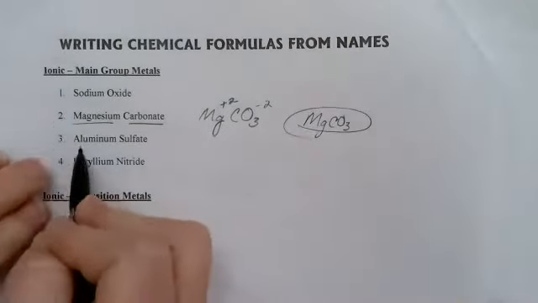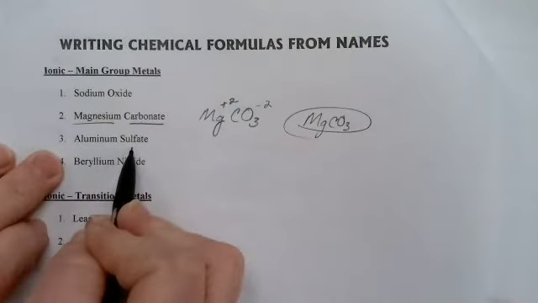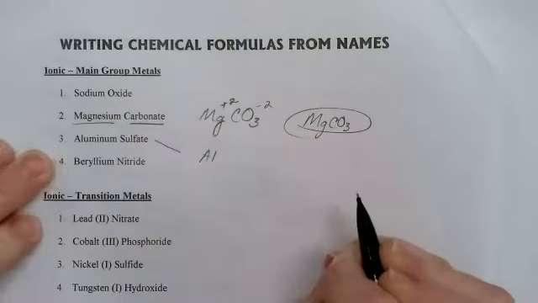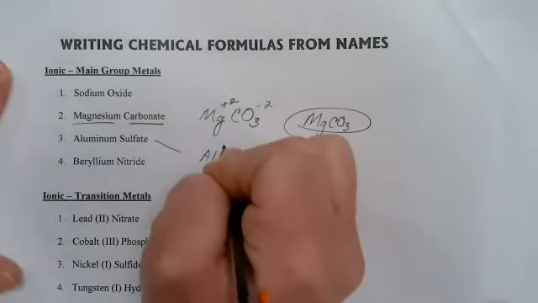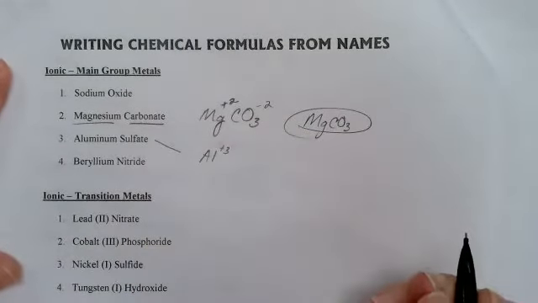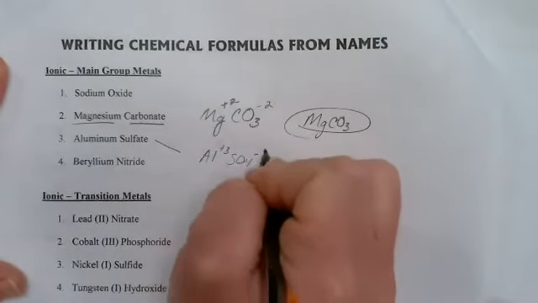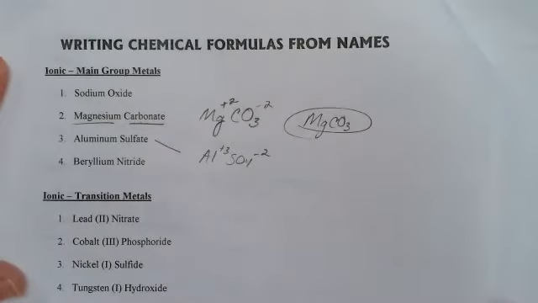How about aluminum sulfate? Troy, aluminum is what charge, sir? Sulfate, formula and charge. Did you say -3? I did. See, you are such a strong student. I just assumed correct.